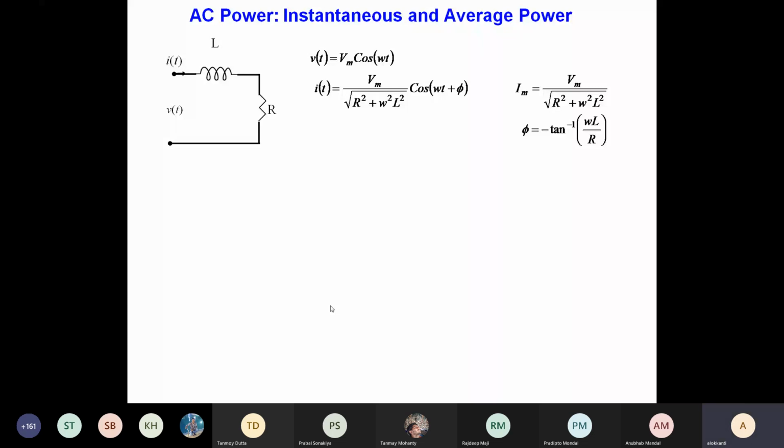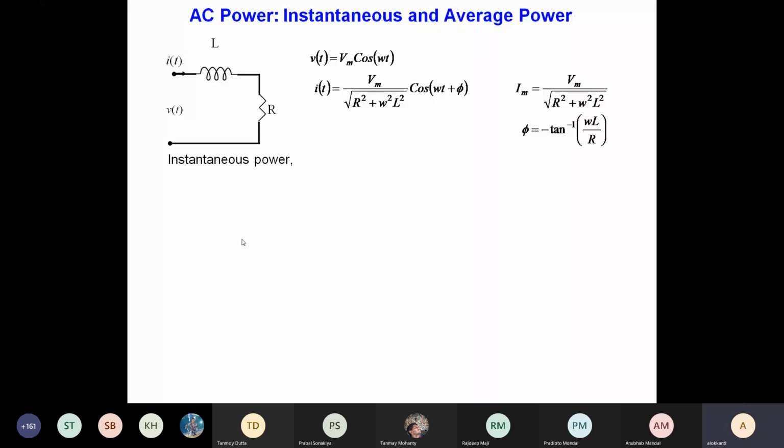This we already studied, and we can also draw the phasor diagram. Now, in an AC circuit, the voltages and currents are all functions of time. At every instant of time, if there is a certain voltage, then there is a corresponding current. Since the voltage is varying, the current also varies.